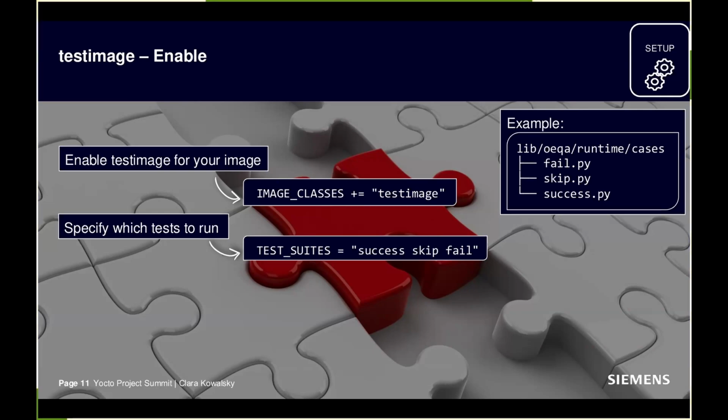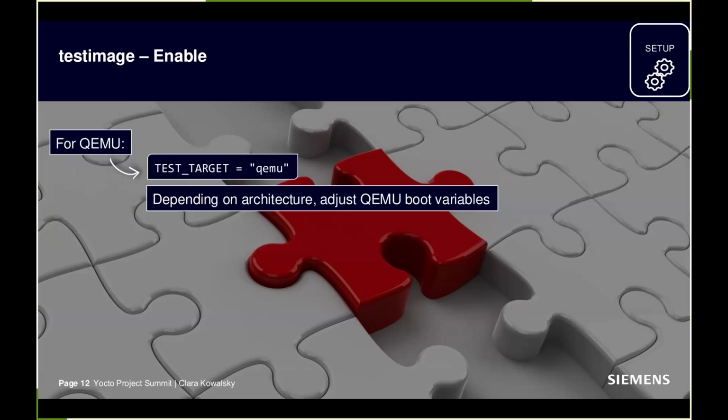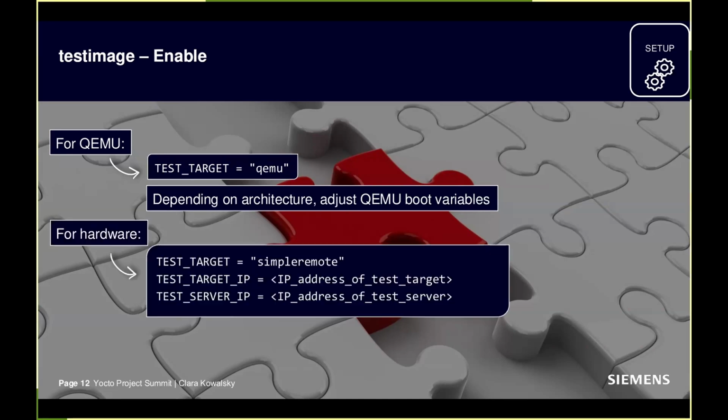What do we have to do next? We need to specify our test target. So we can use QEMU. Then, depending on the used architecture, we may need to adjust some QEMU root variables. We can also use hardware.